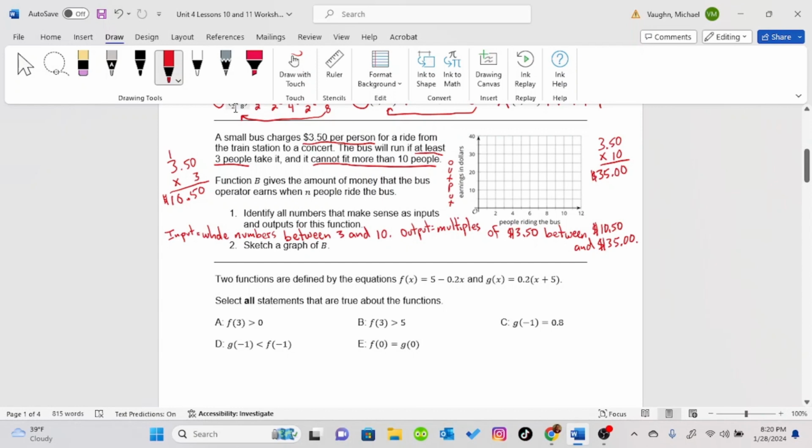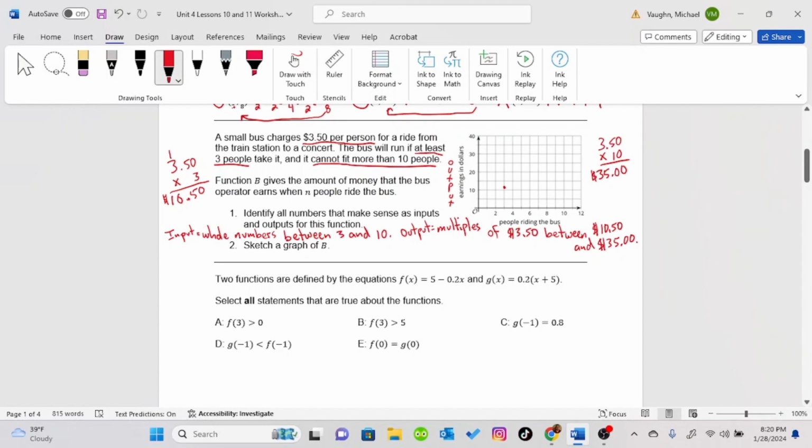And then number 2 wants us to sketch a graph of B. So our first point would be at 3 people, $10.50.